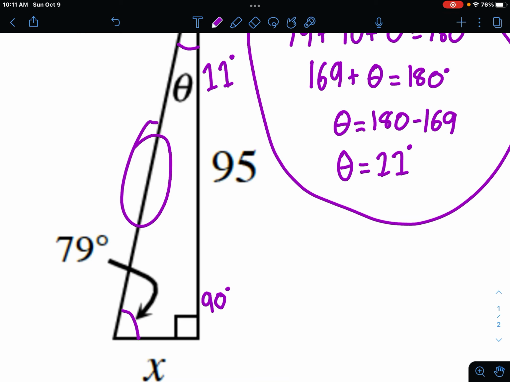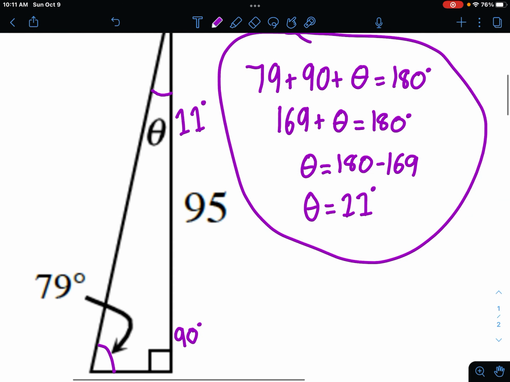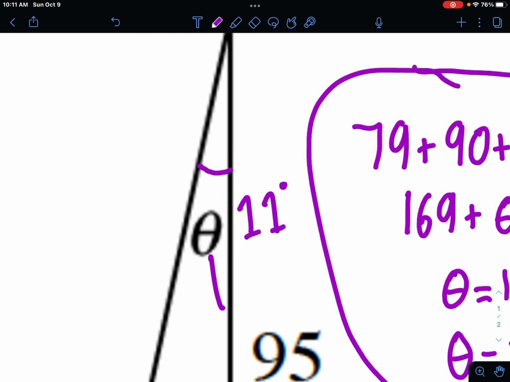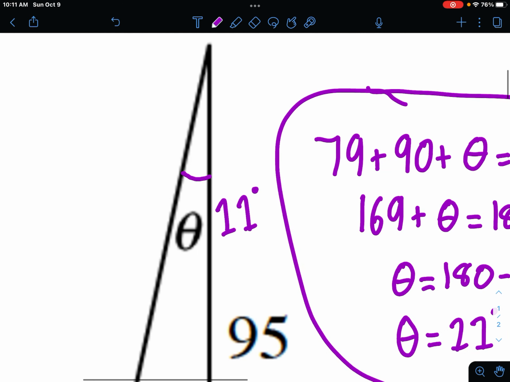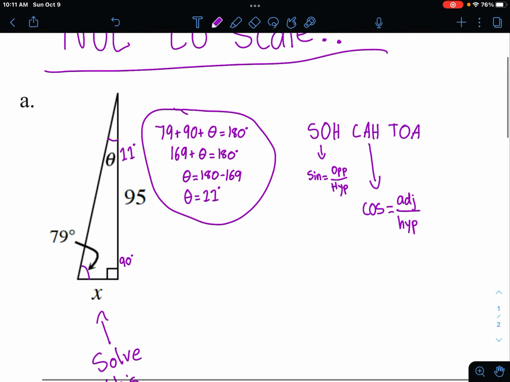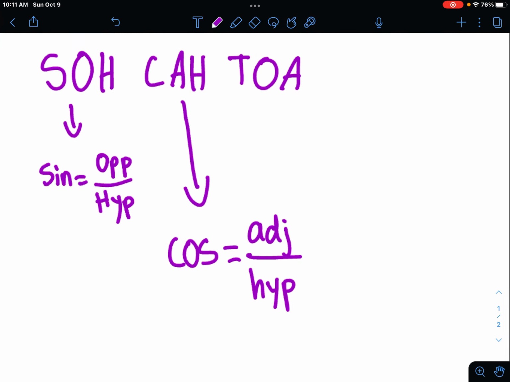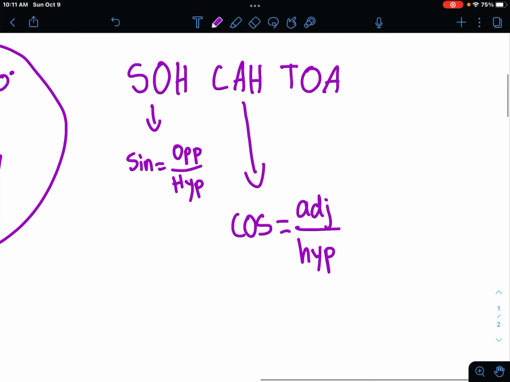The adjacent one is the side that is, as I usually call it, touching the angle. We see that two lines make up an angle. So this one here is the hypotenuse, and this one here is the adjacent side. For this one we have adjacent and hypotenuse, but we did not find the hypotenuse, so that is not a good idea. The last one that we are left with is tan.